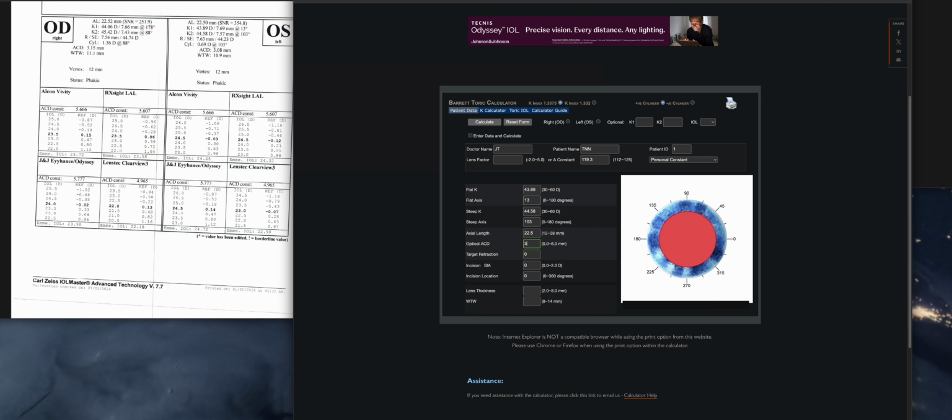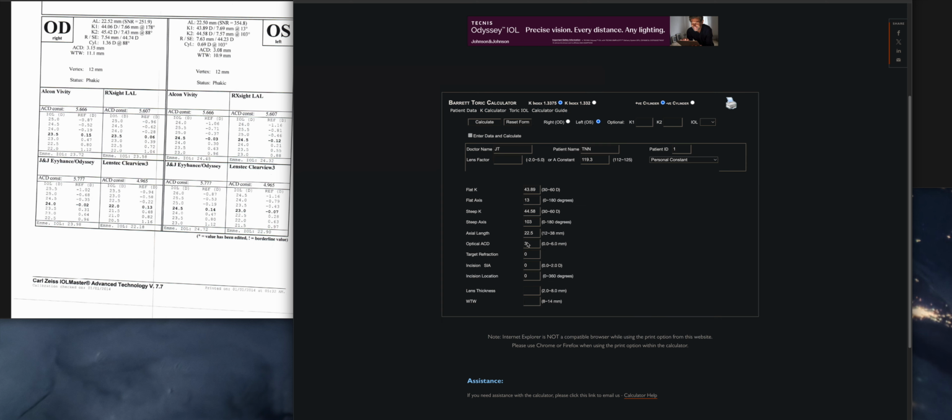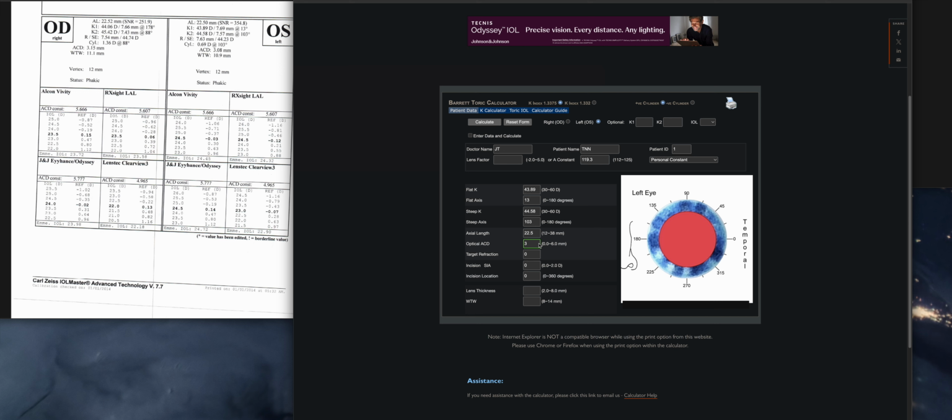Obviously it's 2:45 in the morning, and I'm making mistakes here. So very, very critical that you double check your work. But in this case, I'm just going to do the left eye first here. Okay, optical ACD is 3.08.